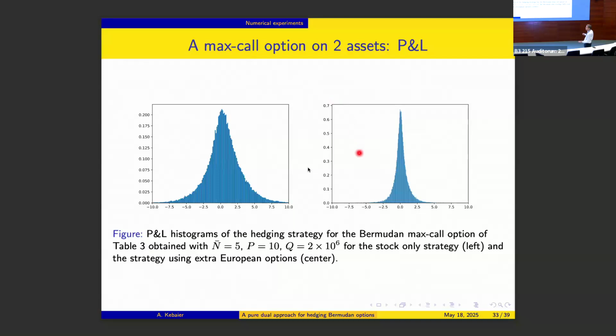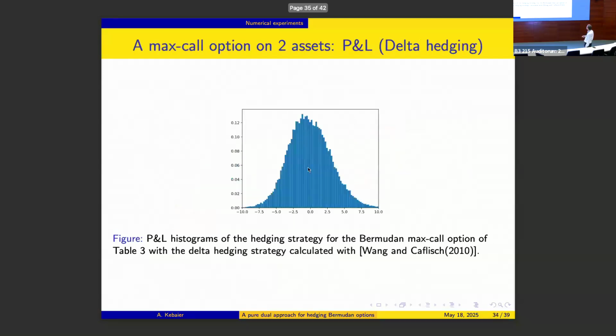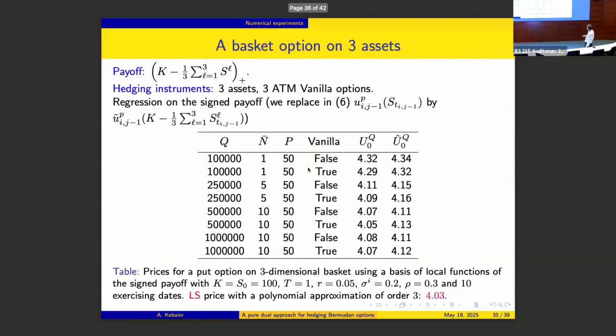When you include the vanilla, you see you have a very tiny error. The last example is a basket option on 3 assets. It also works well. The Longstaff-Schwartz price is 4.03, and here we get really close in a systematic way. Of course, I don't need to tell you that if you choose the martingale given by the European price, this is really far from the true price.